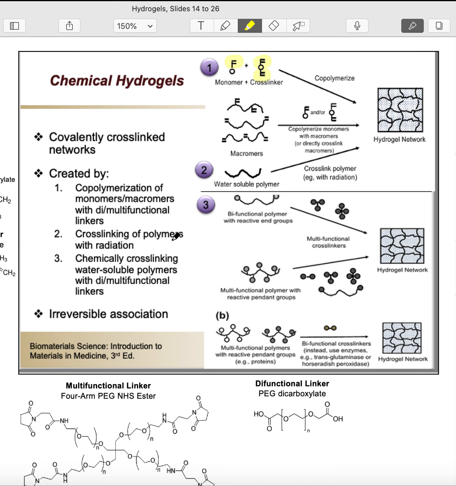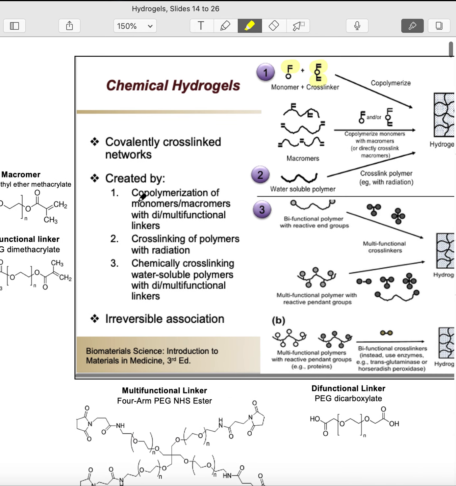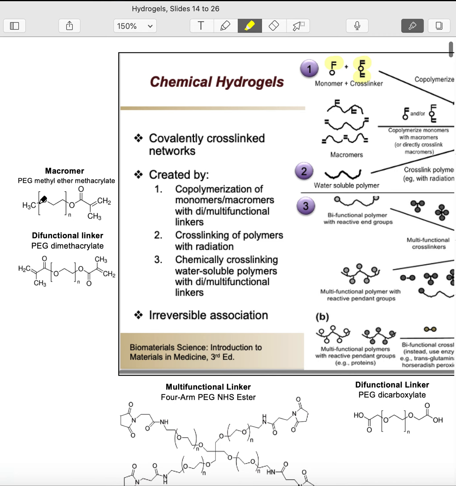I want to point out right here that whenever I say a macromer, what I'm talking about is a polymer that already has been polymerized, but that contains a group that can be further polymerized.